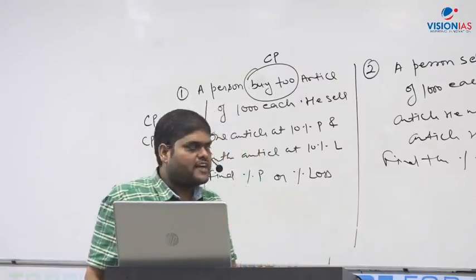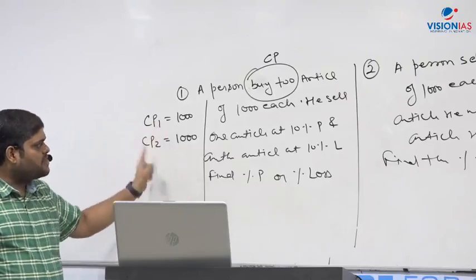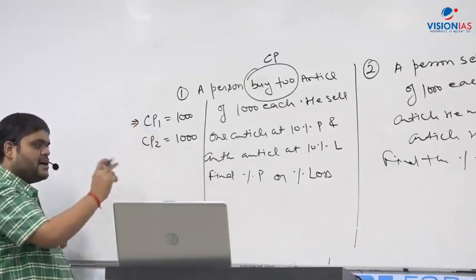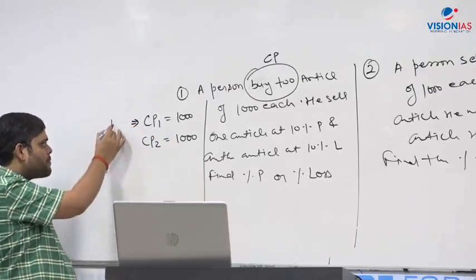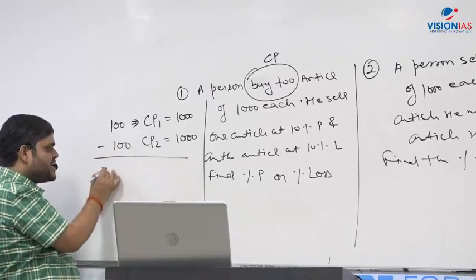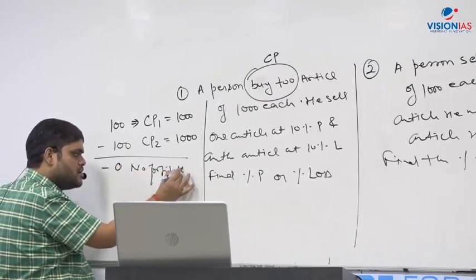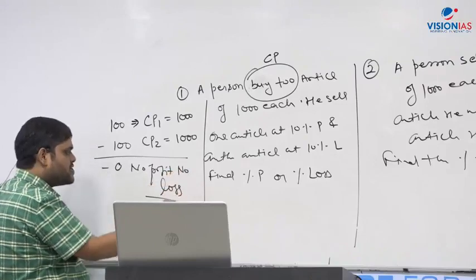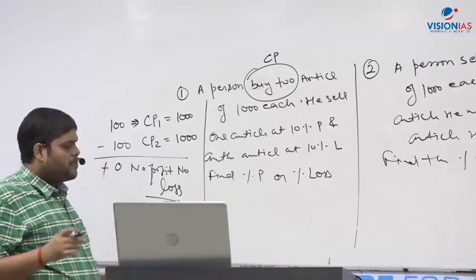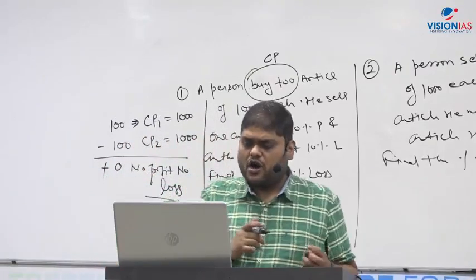Okay. So what will happen? Here the cost prices are there. So CP1, CP2 is 1,000. On 1 article he is making 10% profit, that means 100 rupees profit, and on the other article 100 rupees loss. That means no profit, no loss, because overall there is 0 profit or no loss.